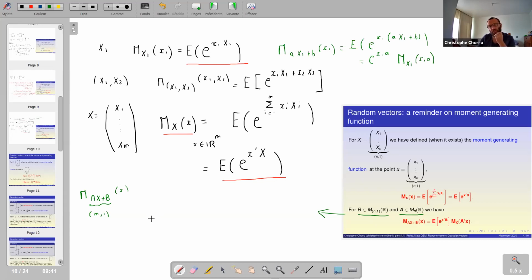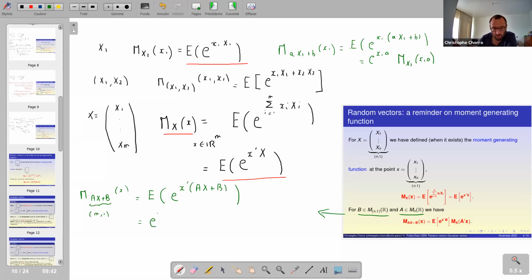So it's just an affine transform of this vector, that transforms this vector into a new one in an affine way. If I use my definition here, it's the expectation of exponential x prime (a X plus b). Once again, here I can remove this part because b is not a random vector, it's just a vector.